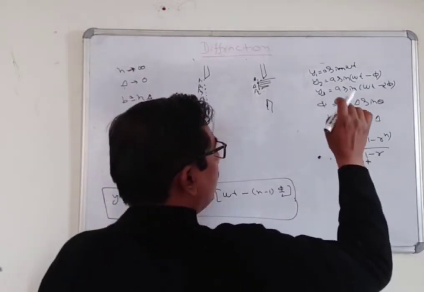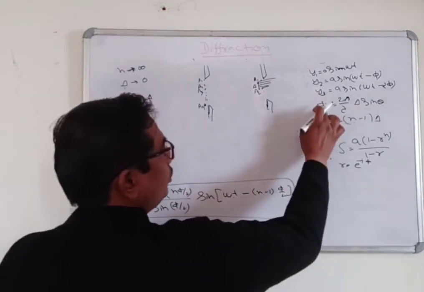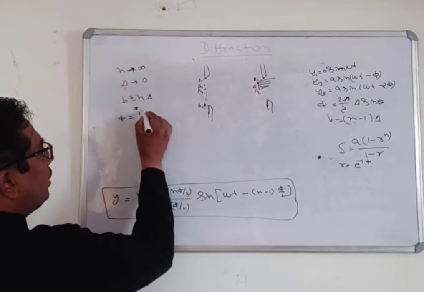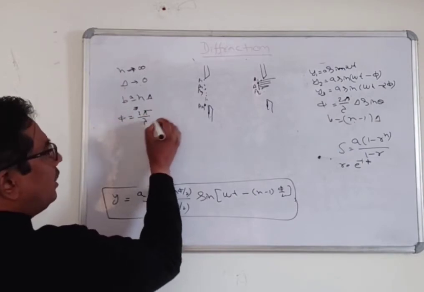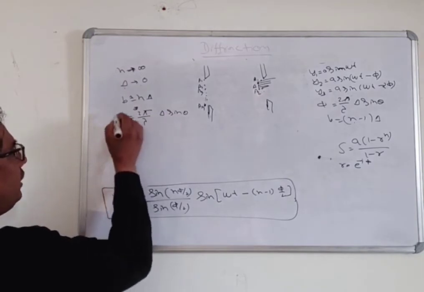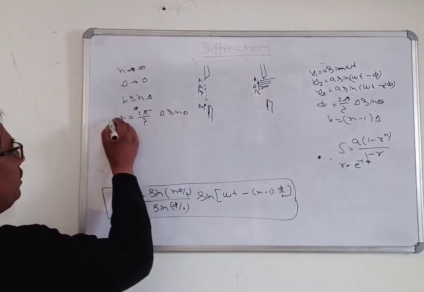Okay, and also you can write the phase: 2 pi by lambda times delta sine theta. Suppose that we have multiplied by n.